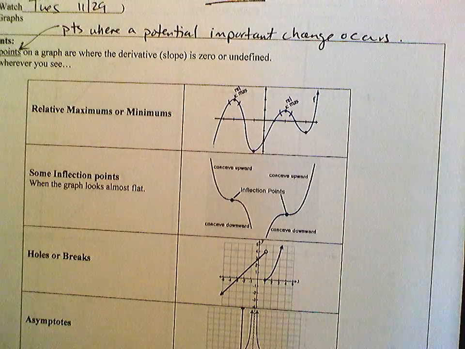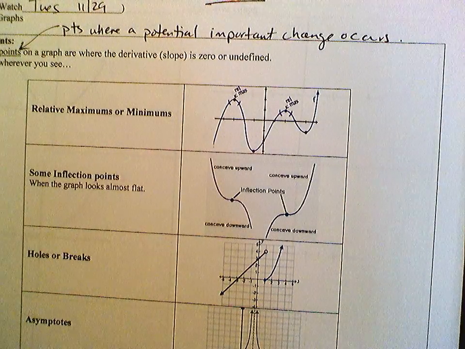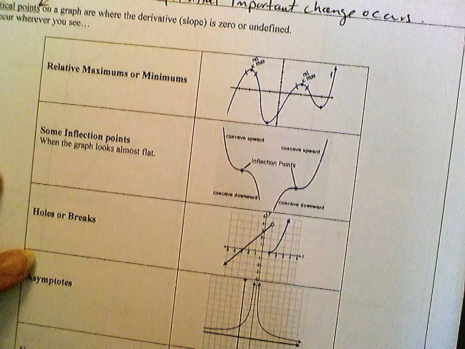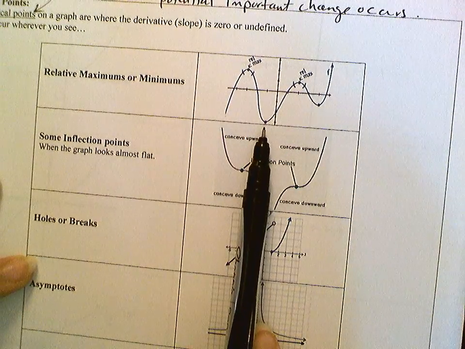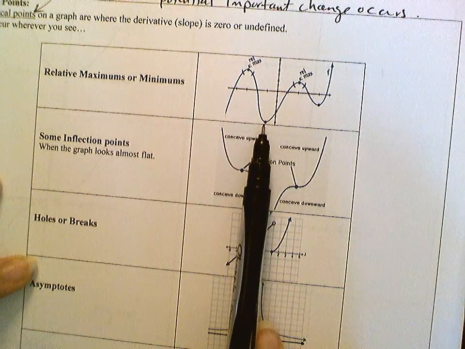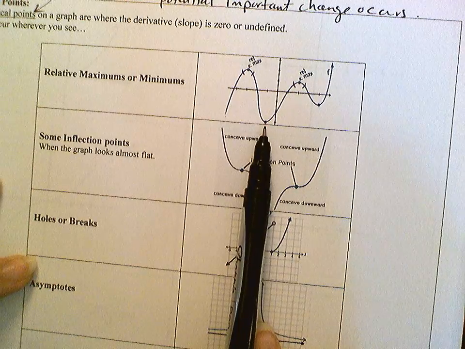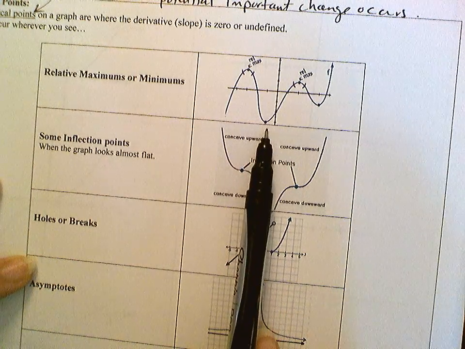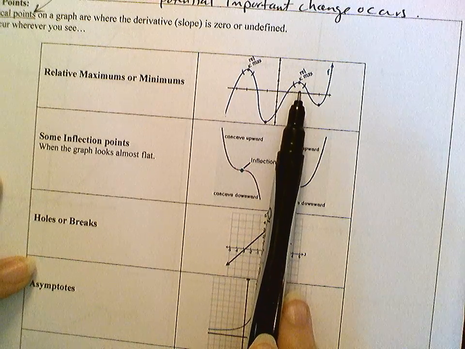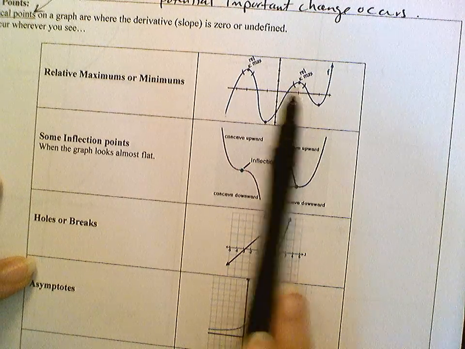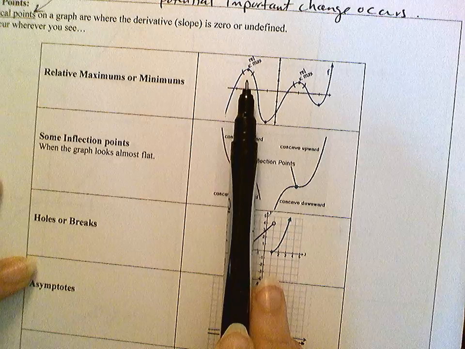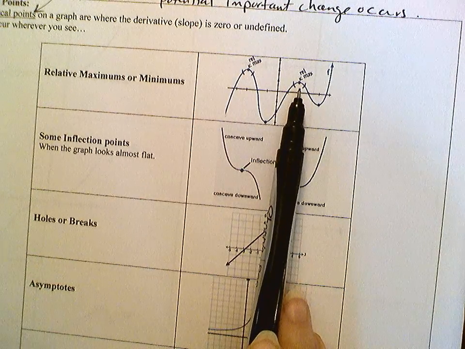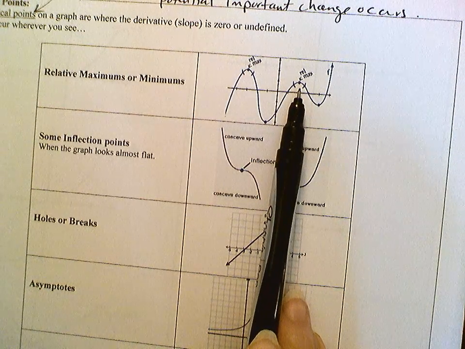An absolute max or min would be the highest overall or lowest overall, but we are not going to talk about that yet. So this here would be a relative minimum because this point has the lowest y value within this neighborhood of y values around it. That would be a relative maximum. Notice it's lower than this relative maximum, but we're not talking about absolute maxes, which would be highest overall.